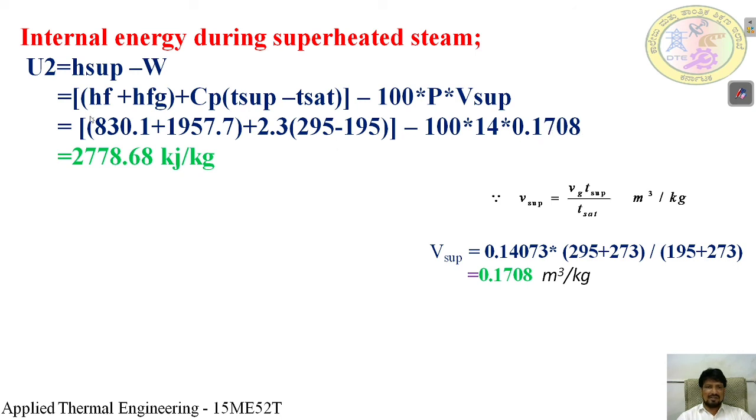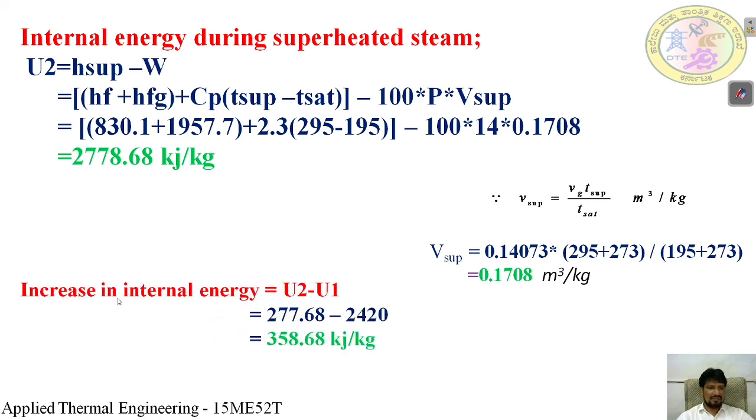So after calculation of this, you will get the internal energy during the superheated as 2778.68. So in this problem you have to calculate the increase in internal energy. The increase in internal energy is the difference of U2 minus U1, or drop in internal energy or increase in internal energy.